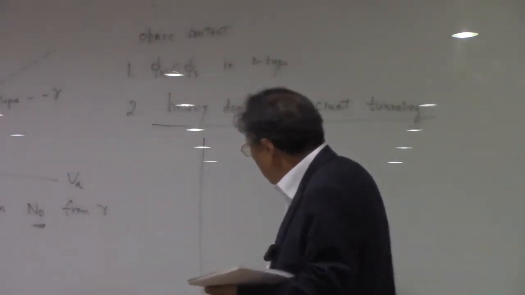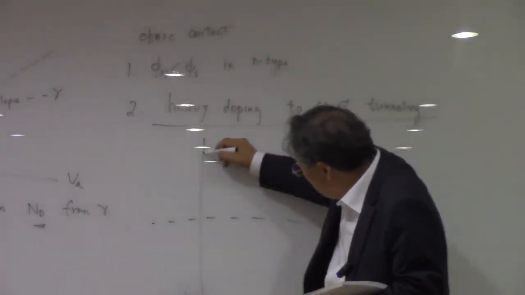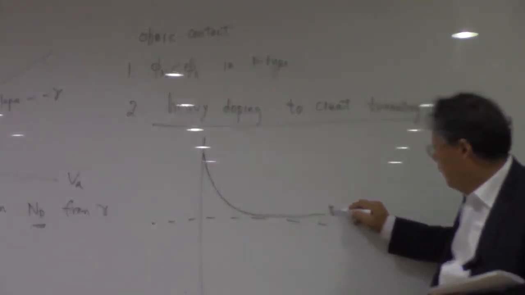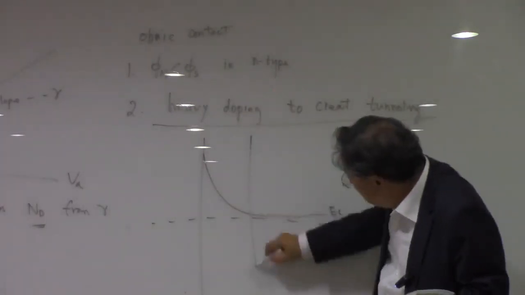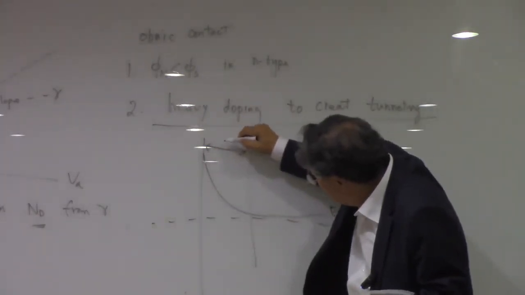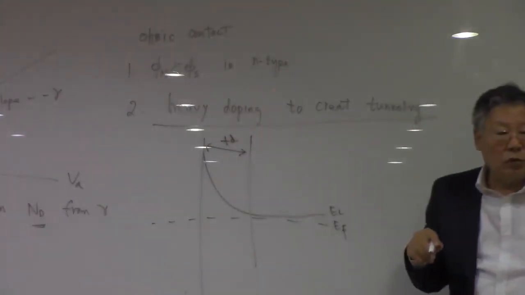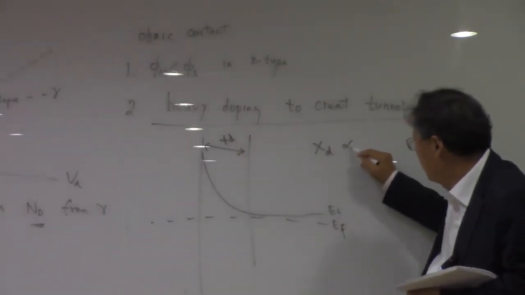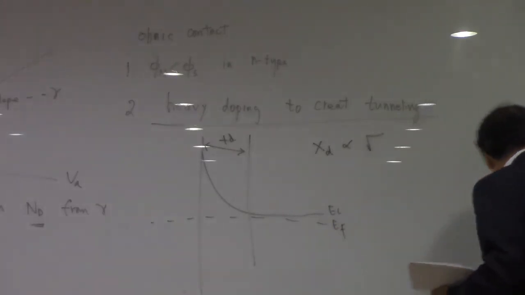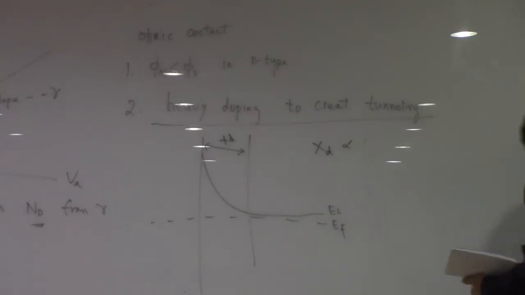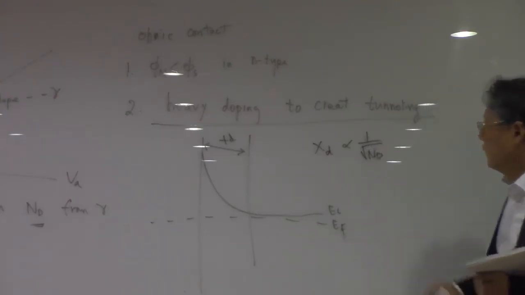Now, if you dope heavily, then in a rectifying contact you're supposed to have a bending like this, and this depletion width is inversely proportional to the square root of the doping levels, right?